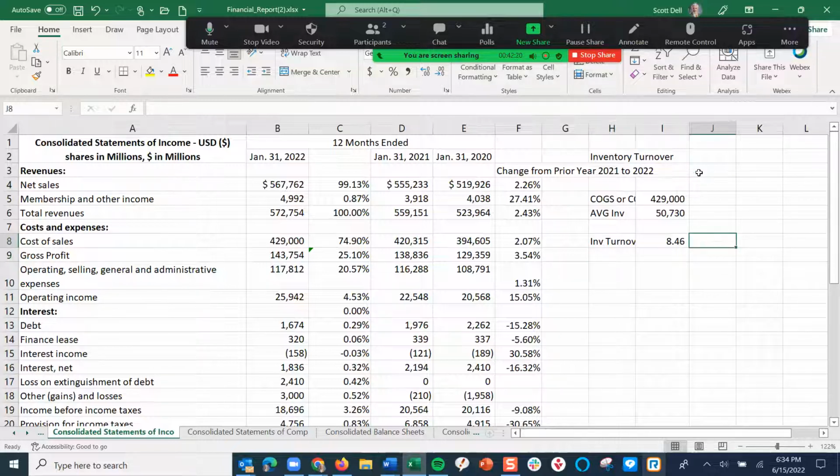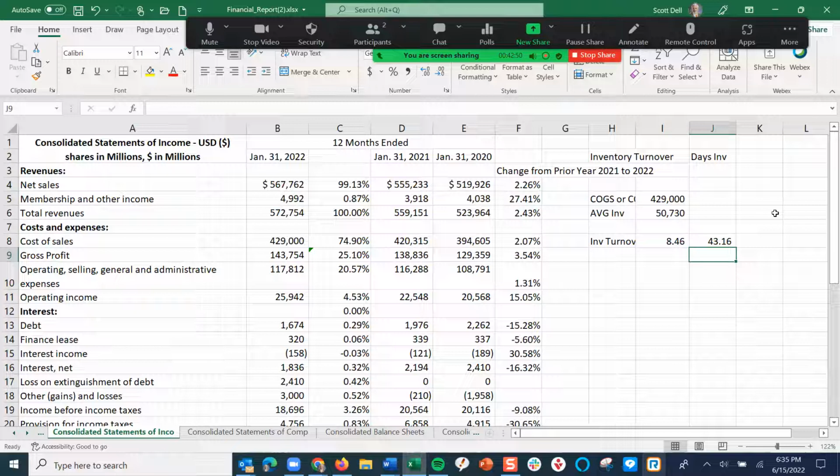And I'm going to calculate days inventory by dividing 365 into that. I need an equal sign. We're doing Excel. Equal 365 slash 8.46. So what this is telling me, every 43 days, about every month and a half, I'm selling all my inventory, or Walmart's selling all its inventory.